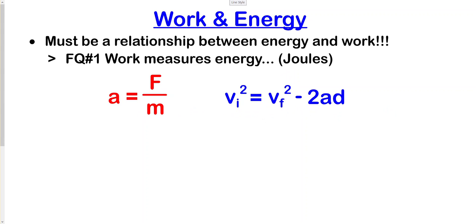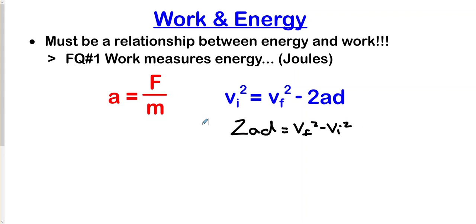So if we do some algebra, I want to get acceleration by itself here. So I would start by moving 2AD to the other side, or moving V initial over here. What I would end up with is 2AD is equal to V final squared minus V initial squared.